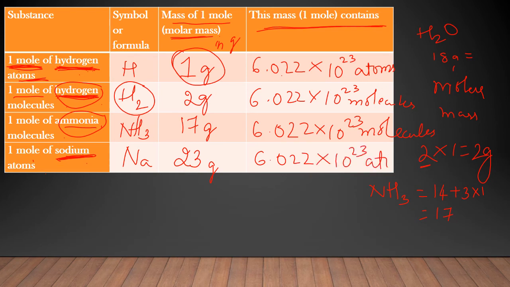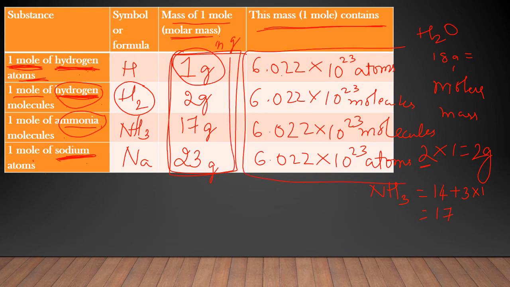If you notice, this part is changing. The mass changes, whereas the number of atoms does not change. That is, whenever I say 1 mole, it is Avogadro's number. Atoms or molecules, it depends on what you have, whether you have an element or a compound.